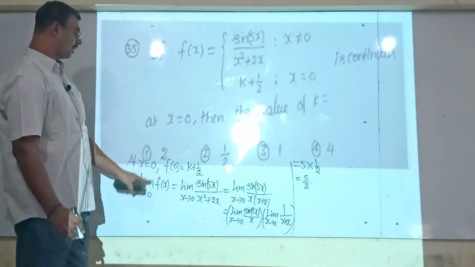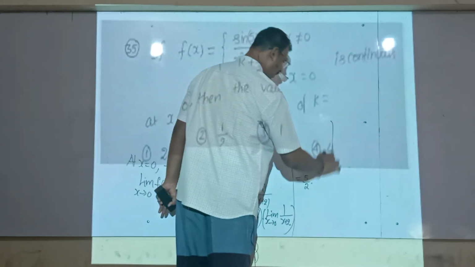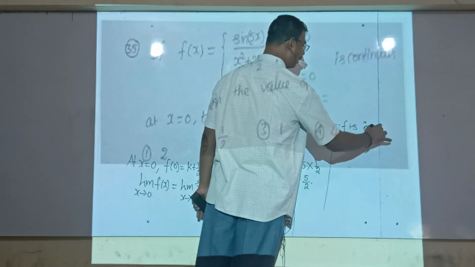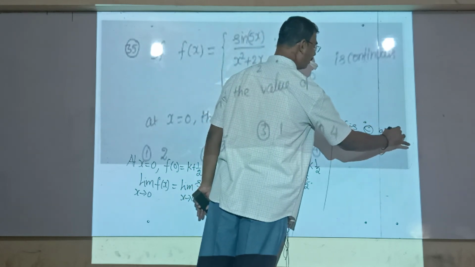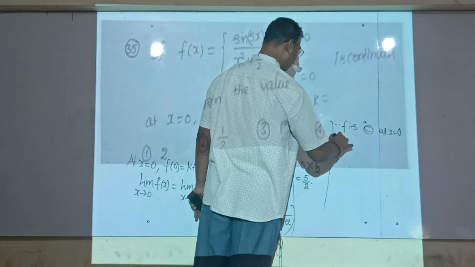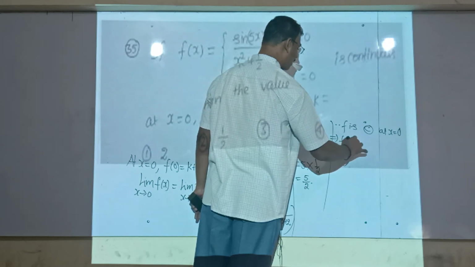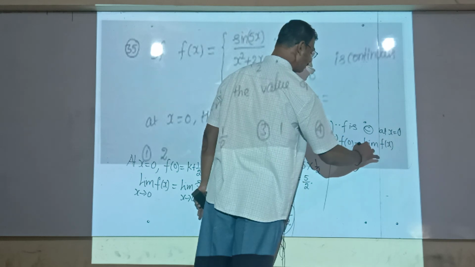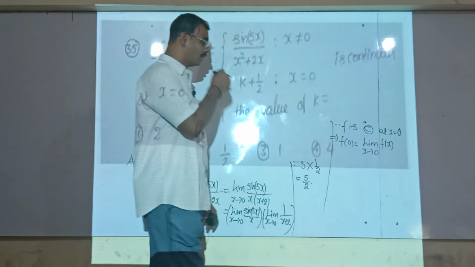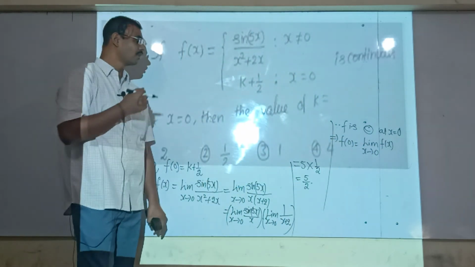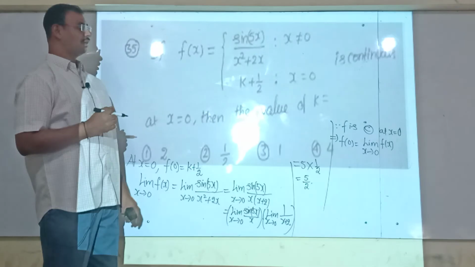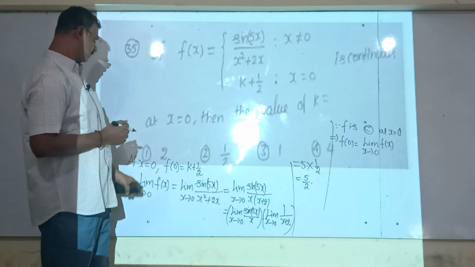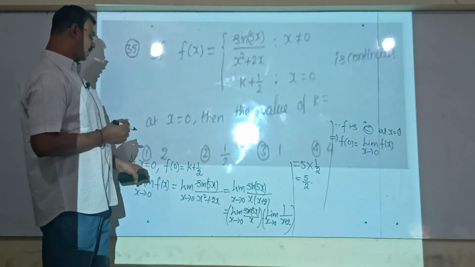Since f is continuous at x is equal to 0, that means f of 0 is equal to the limit of f of x as x approaches 0. What is f of 0?